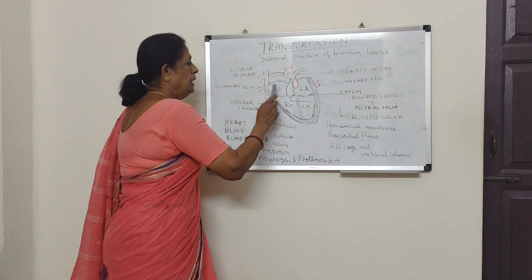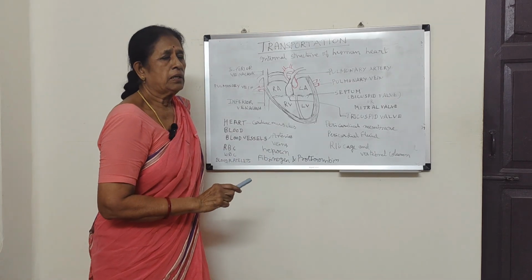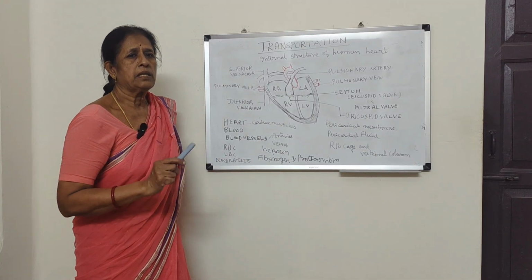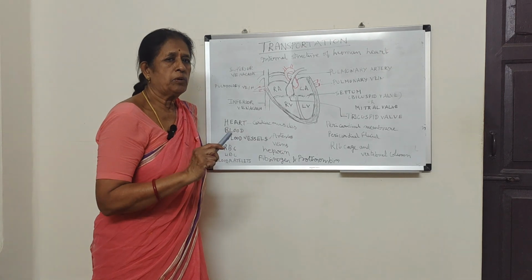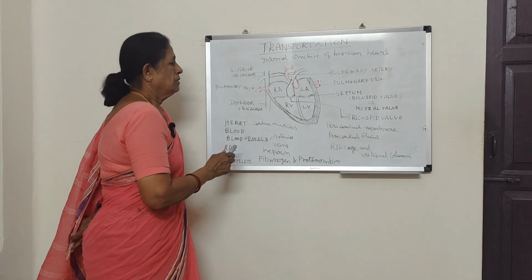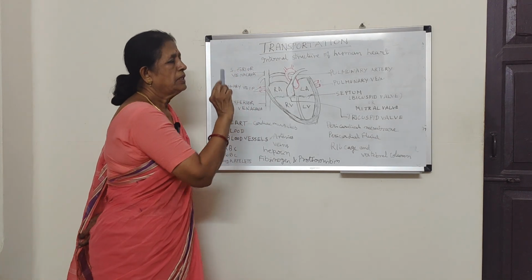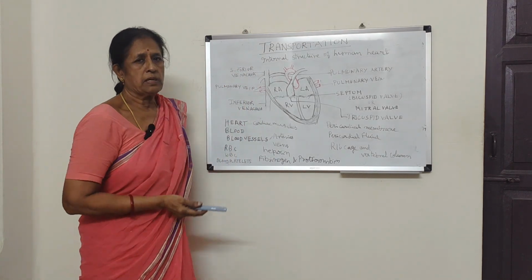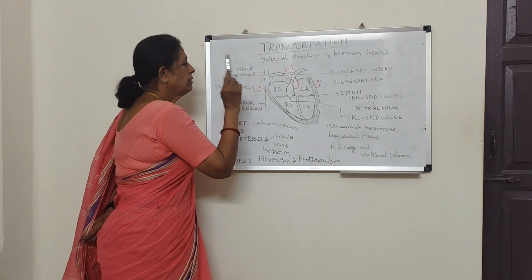Now the veins. I have already told you veins collect deoxygenated blood from various body parts and open into the heart. Here the superior vena cava collects deoxygenated blood from upper body parts like head, neck, shoulders, etc., and opens into the right auricle.